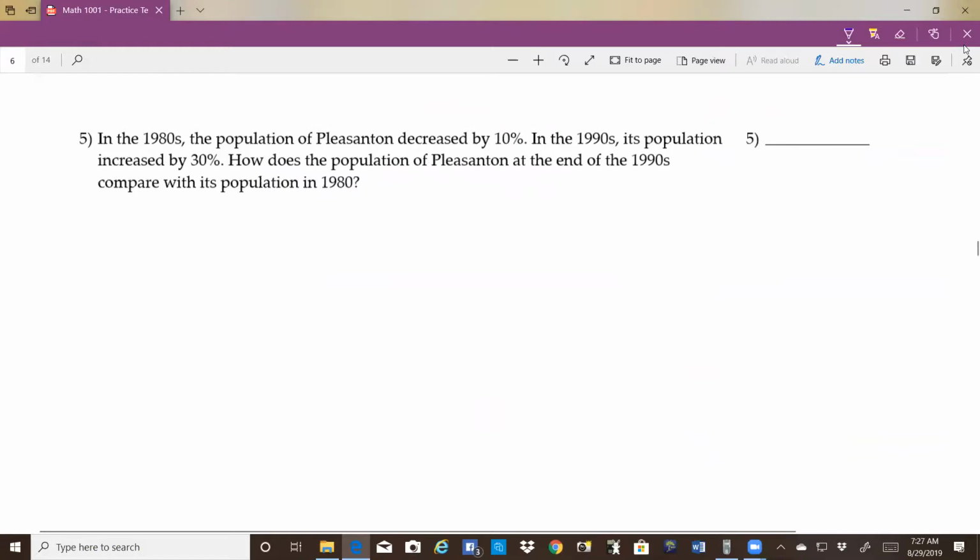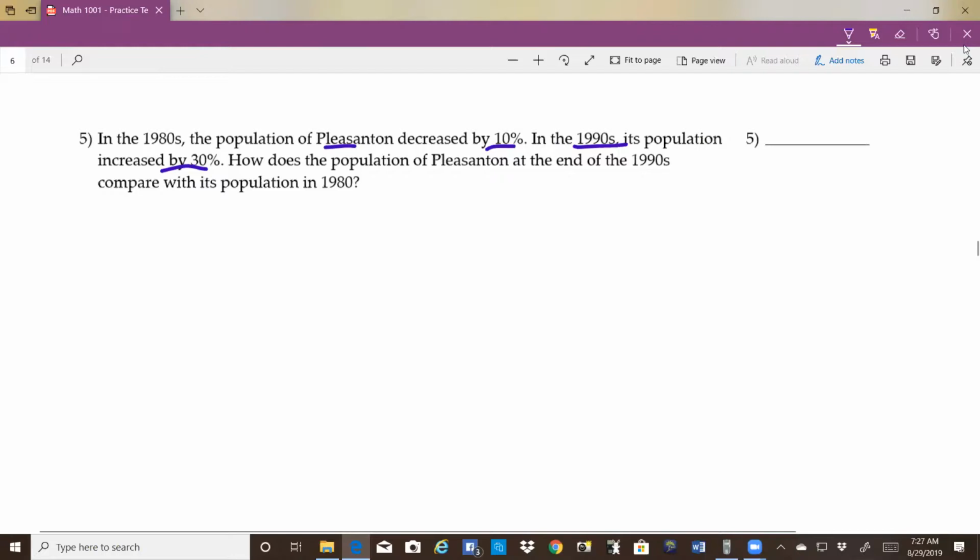In the 1980s, the population of a town decreased by 10%. In the 1990s, its population increased by 30%. How does the population of Pleasanton at the end of the 90s compare with its population in 1980?